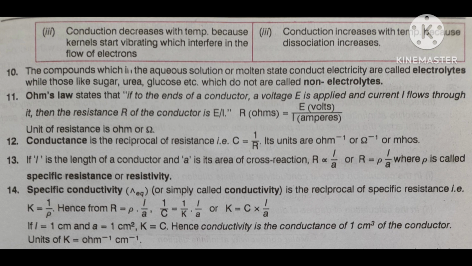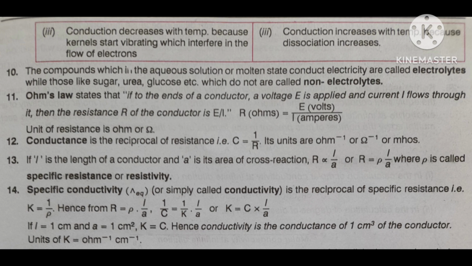Means the distance between the two electrodes is 1 centimeter and the area of the electrodes is large, so that the whole solution is contained between them. The solution will be between the electrodes, maintaining 1 centimeter.